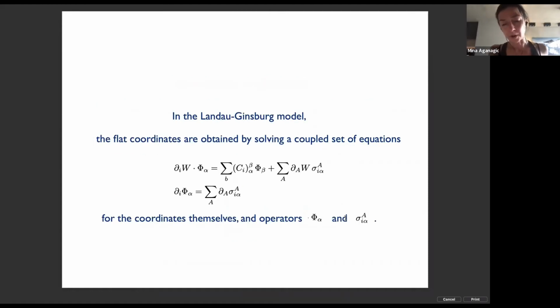In the Landau-Ginzburg model, these flat coordinates are obtained, as explained in the old paper by Cecotti and Vafa, by solving a coupled set of equations for the coordinates themselves and also the operators phi and sigma.